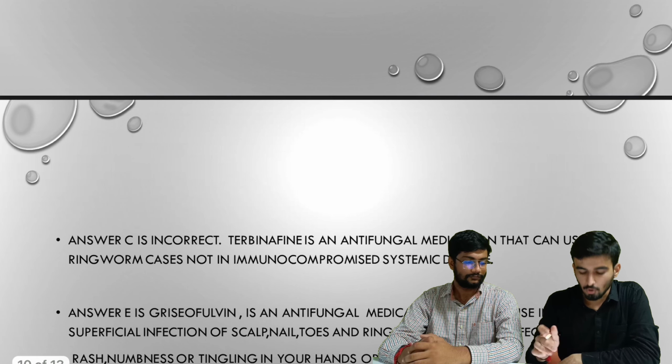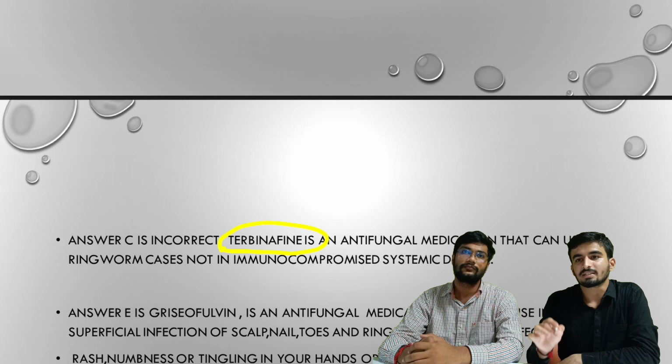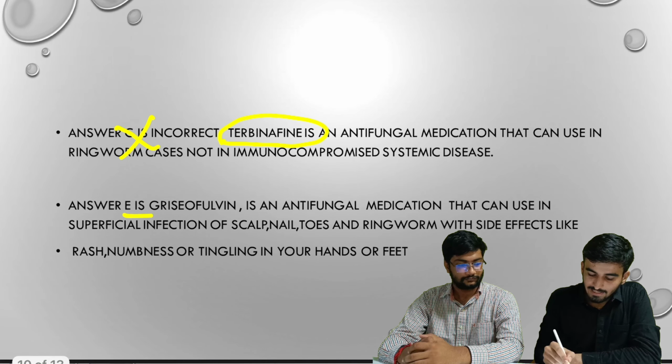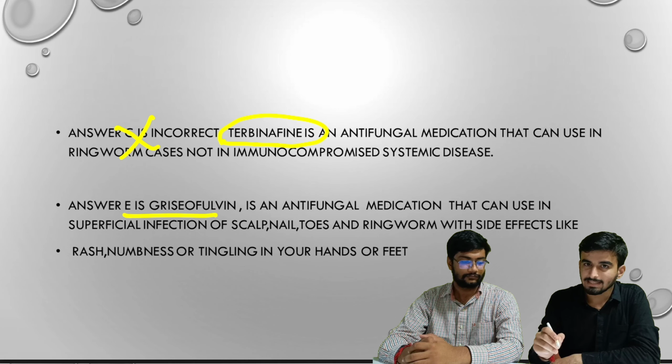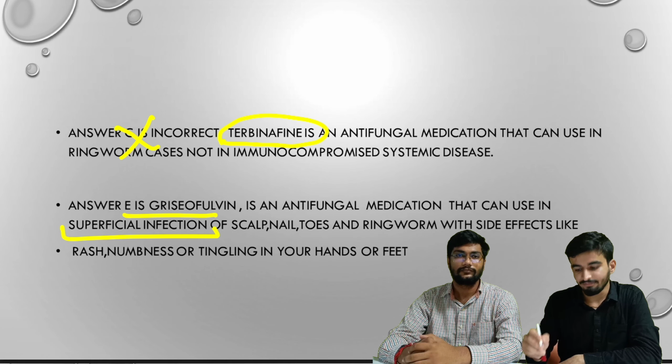Why is answer C not correct? Terbinafine is not correct because terbinafine is most commonly used in superficial infections like ringworm. This is an opportunistic infection which will not be helped by this drug, so answer C is wrong. Griseofulvin is also an antifungal drug, which is not used in this case because griseofulvin is also used for superficial infections like scalp, nail, toes, and athlete's foot.